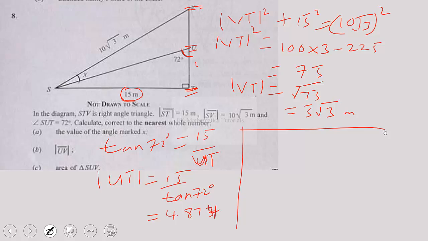So we can now find UV. We know that UV plus UT is equal to VT.